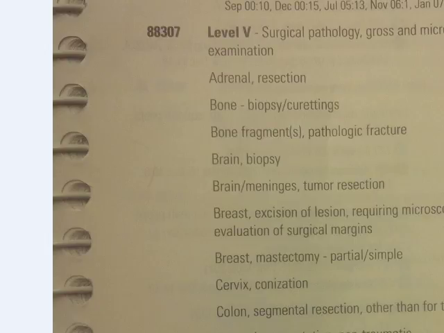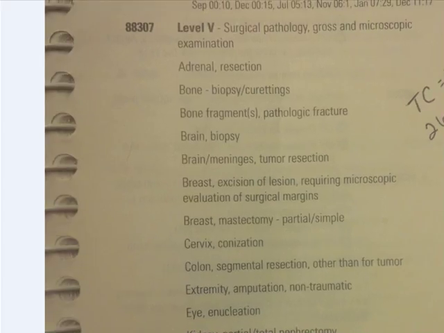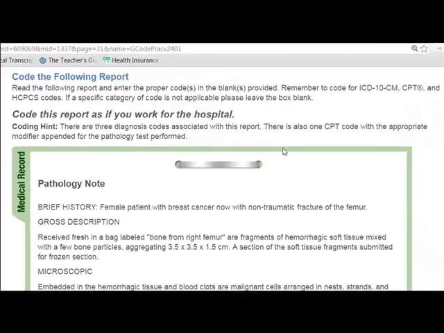With pathology, your most common modifiers are TC and 26, TC being for the technical component, 26 being professional. So what modifier do you think we're going to use for this case? Remember, we're coding this as if we worked for the pathologist, right? Or as if you worked for the hospital, okay?